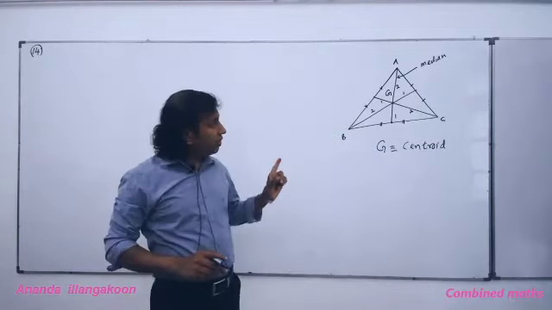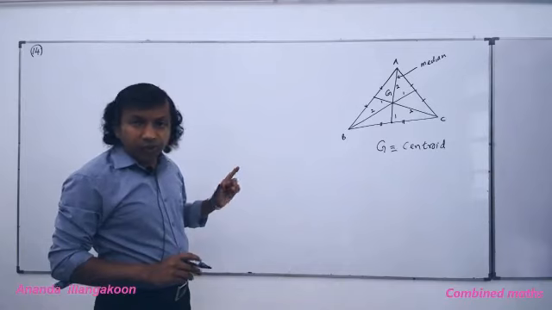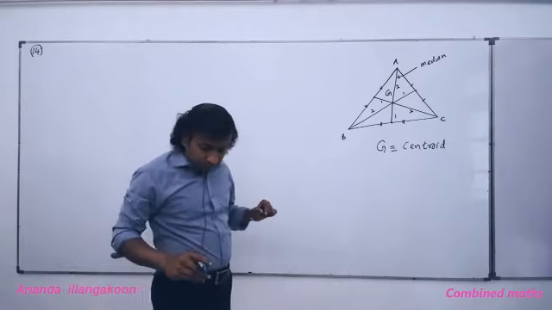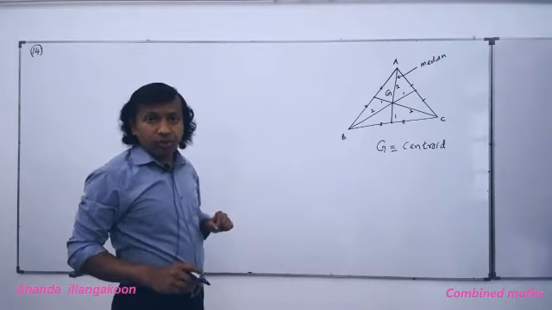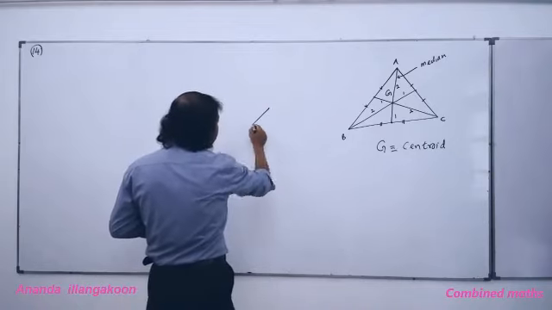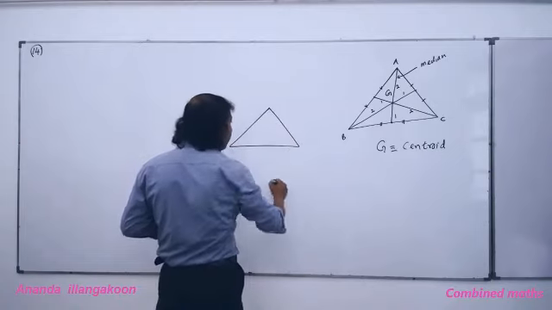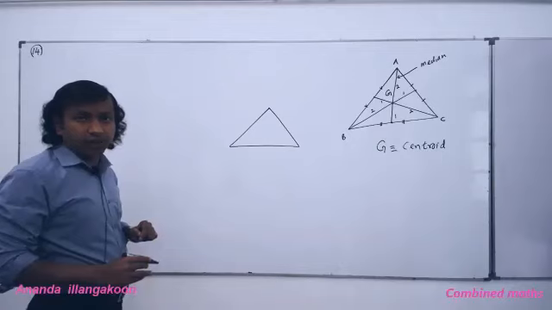So this is one center. Like this, there are a few other centers available for a triangle. I'll show you what the other centers are. You should know these ones. The other one you know already, from constructions under geometry.